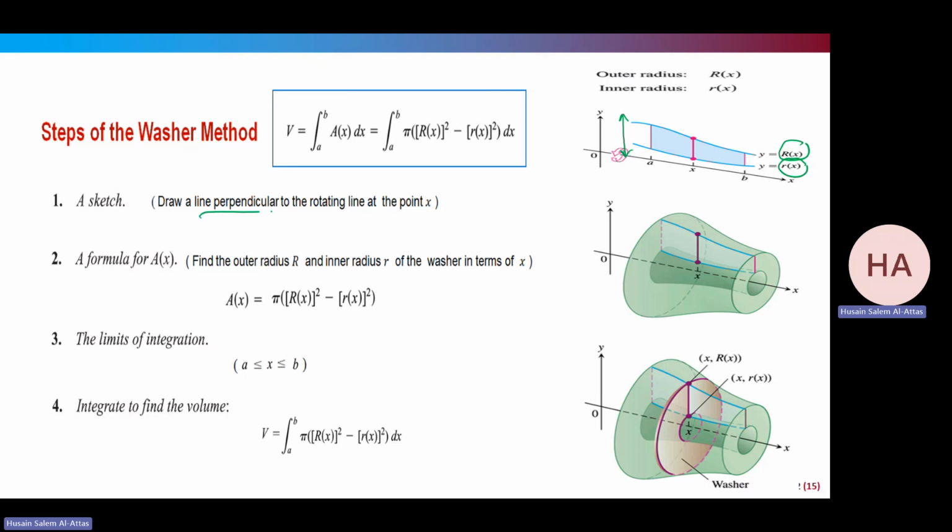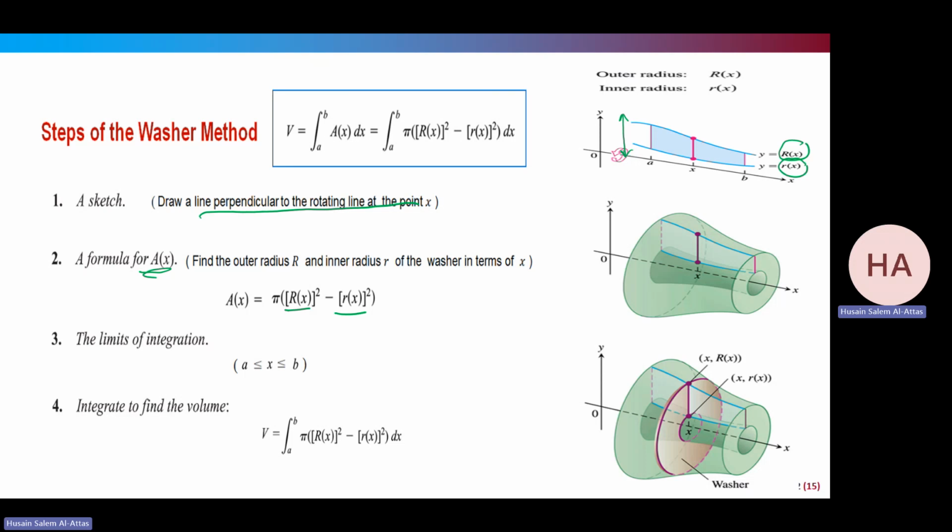So I draw a line perpendicular, rotating line, and then I have a formula for the area. The area will be what? Pi times capital R squared minus small r squared. Okay, so this will be the idea. I have the bigger outer radius and I have the inner radius.